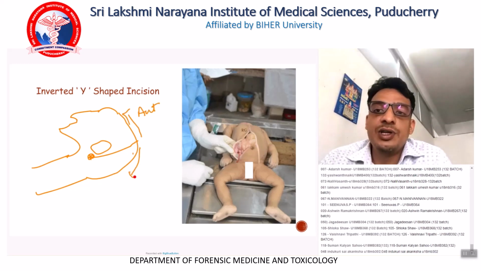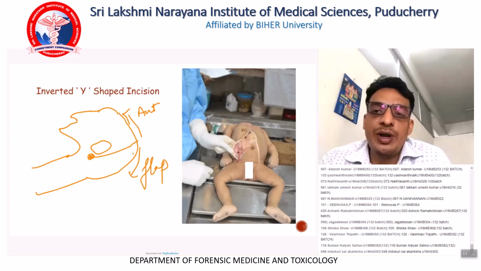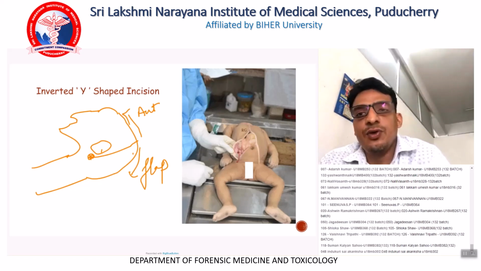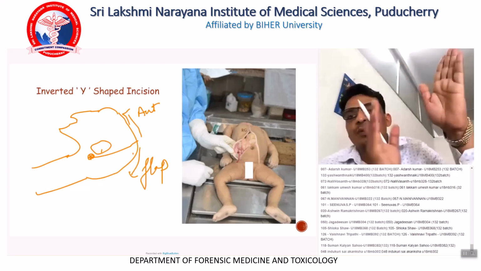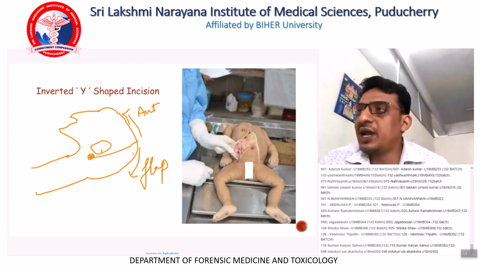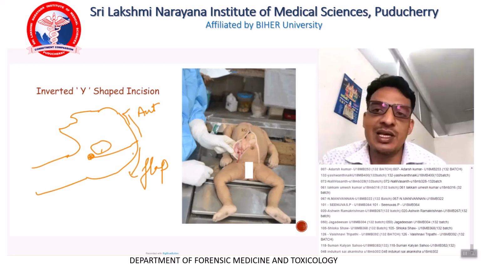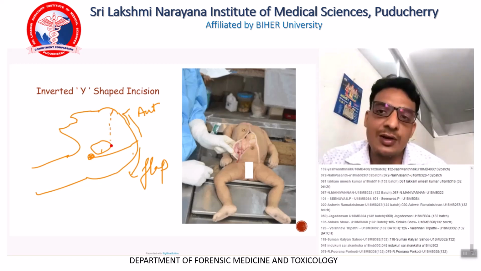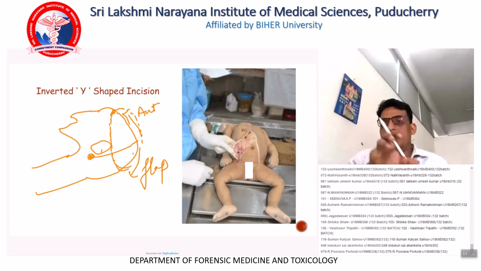After the bone has been exposed from both sides, we'll cut the ear attachments from inside and extend it forward, the anterior way and the posterior way. So bone will be exposed, cranium will be exposed. Once the cranium is exposed, then we will saw the skull like this. Sawing the skull, we will take away the skull part.